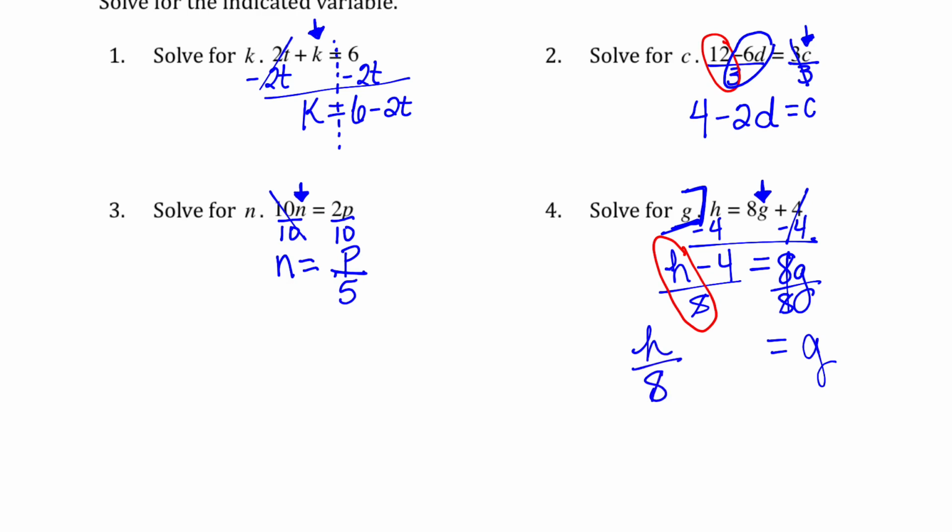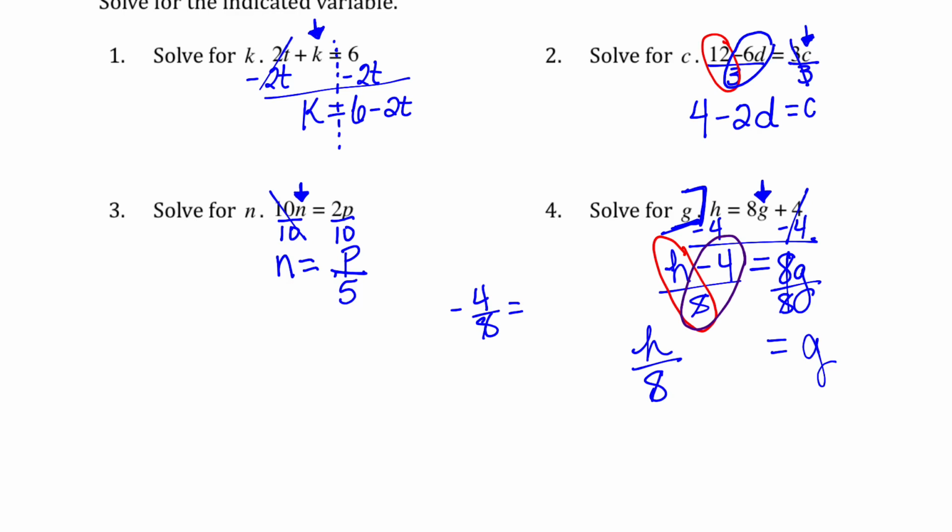What is negative 4 divided by 8? Okay, if I have negative 4 over 8, can I make that be a whole number? No. Can I simplify it?